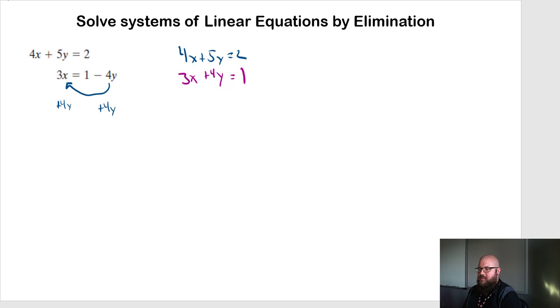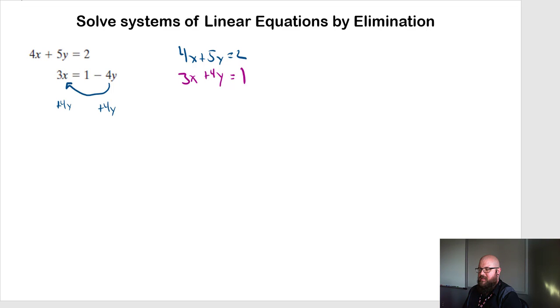Now, an easy one to get rid of on this would be the x's. Let's start out with eliminating the x's first. To eliminate them, we need to make them have the same value but opposite sign. So instead of having a 3 and a 4 there, the lowest common value that can go into both of those is 12.